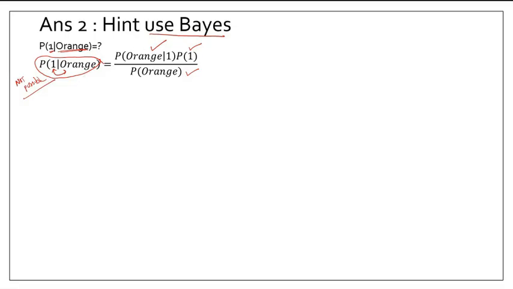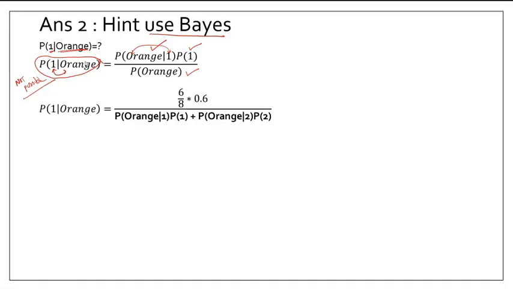You can flip these two variables. Since the computation of probability of 1 given orange is not possible directly, we use Bayes for this. Bayes is very good at this kind of flipping of things and calculating the probability. Now see here, directly I can substitute the values.